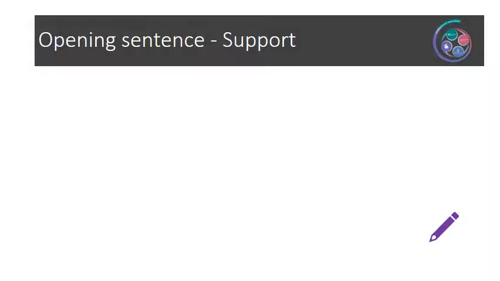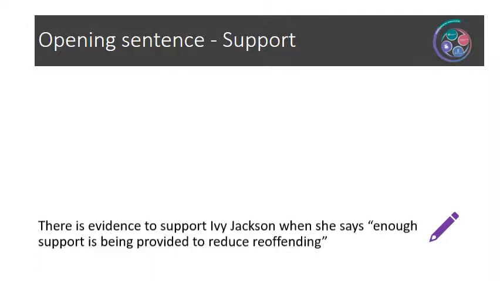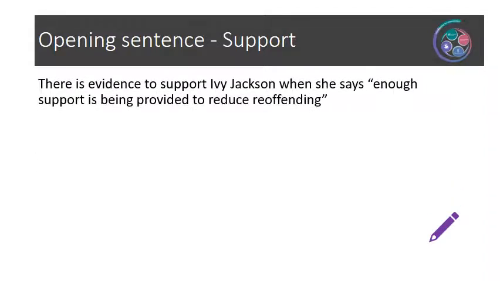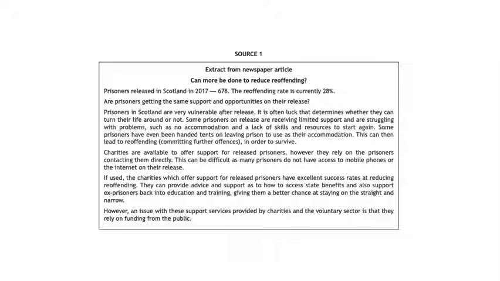So how do we structure our answer to a support-oppose question? Well, we want to begin by writing the comment, "There is evidence to support Ivy Jackson" when she says enough support is being provided to reduce reoffending. And we want to delve into the sources to find information which supports this. Remember, we're looking for 5 and we're looking to synthesize information where possible.